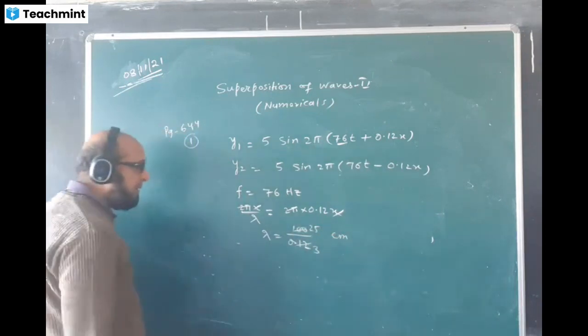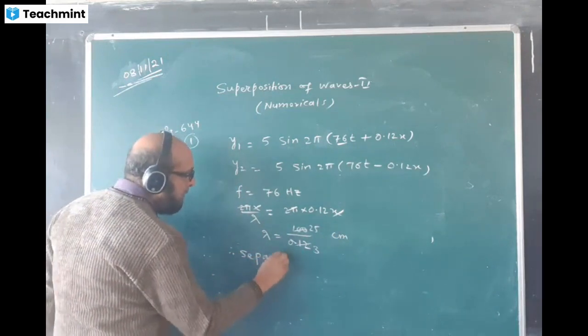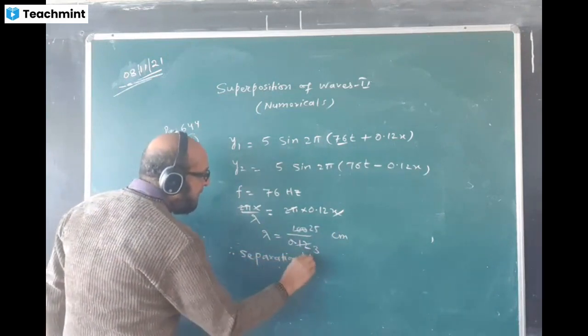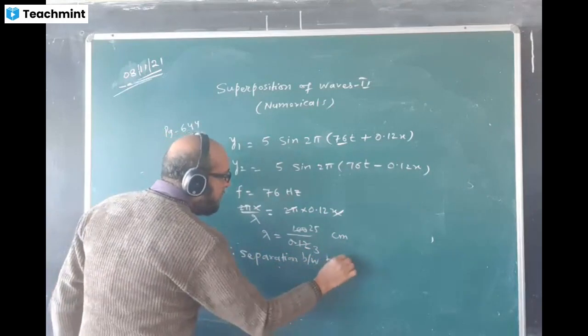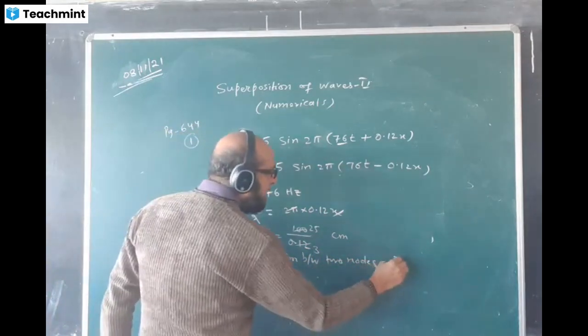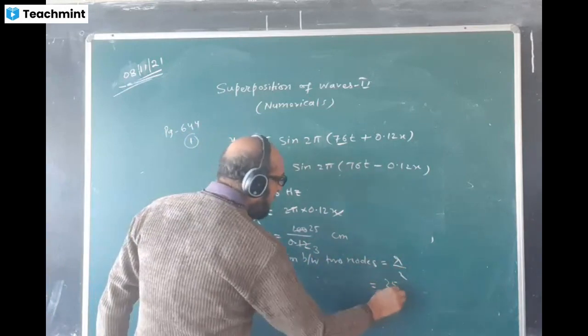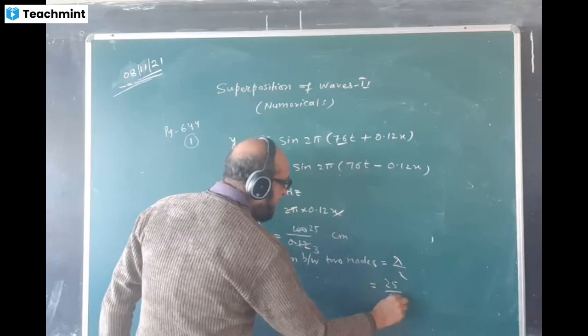Distance is given in centimeter. Therefore, separation between two nodes, the formula is lambda by 2. This answer divided by 2 will become 25 by 3 divided by 2.